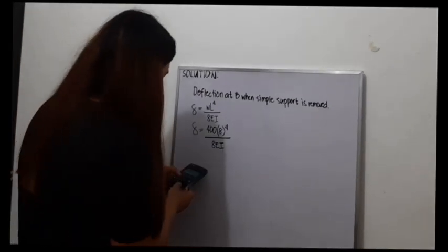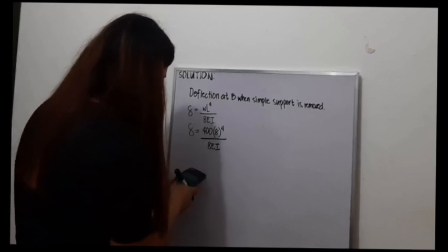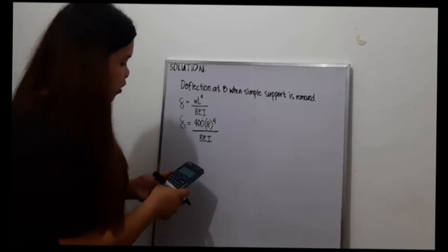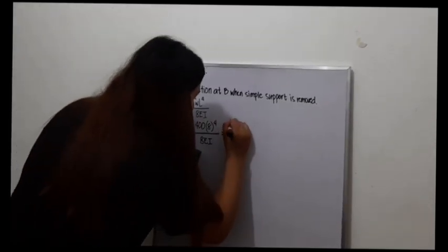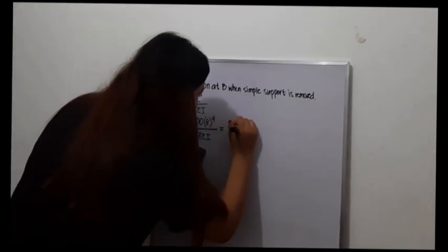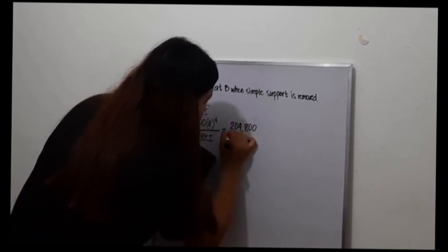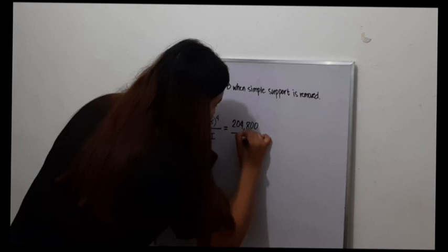So the answer for it is 204,800 over EI.